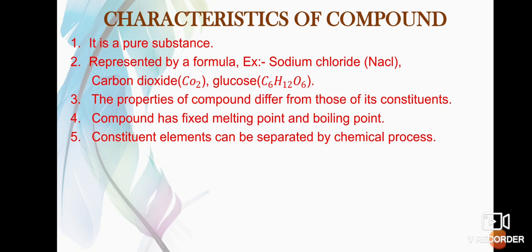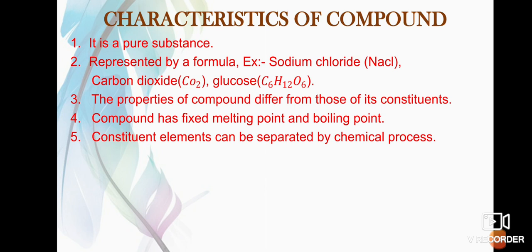Then a compound has a fixed melting point and boiling point. Then constituent elements can be separated by chemical process only. So the elements which make up a compound can be separated by chemical processes only.